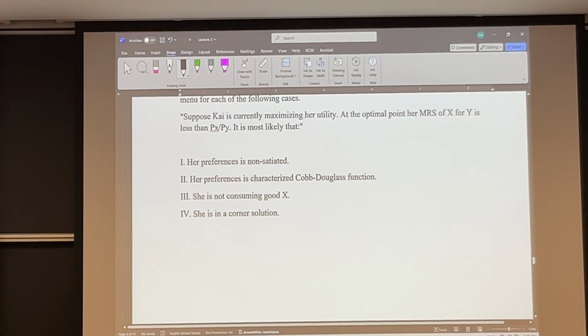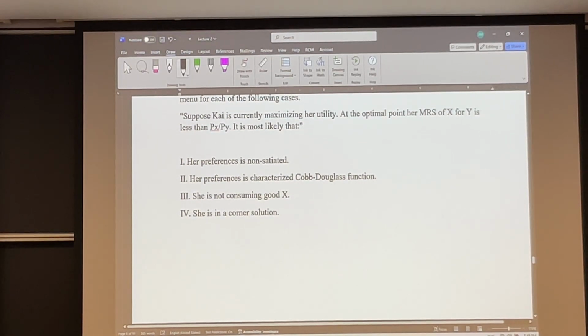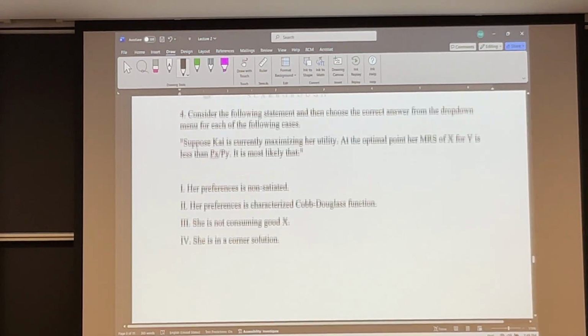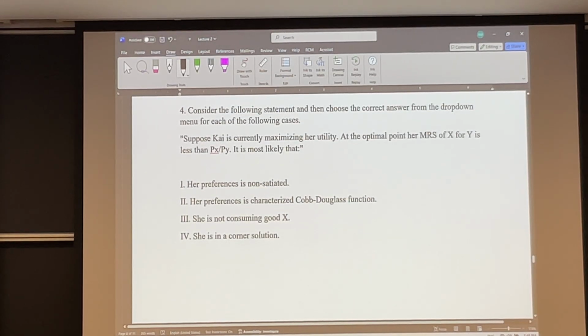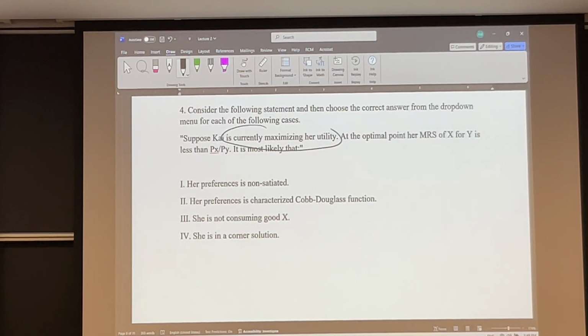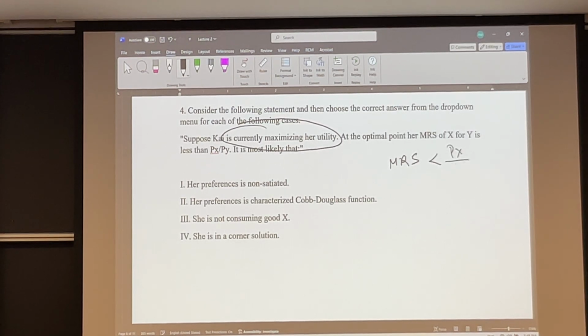I want to go to number 1, corner solution. Let's see. Kai is maximizing her utility. She cannot do any better. She's doing the best she can. So that's given. At the optimal point, MRS is lower than the relative price.